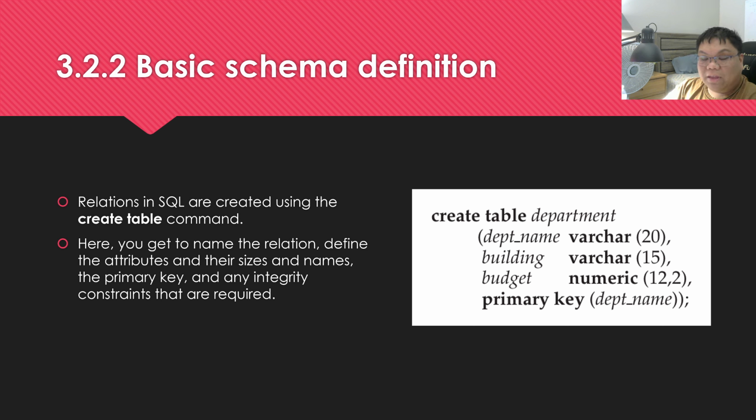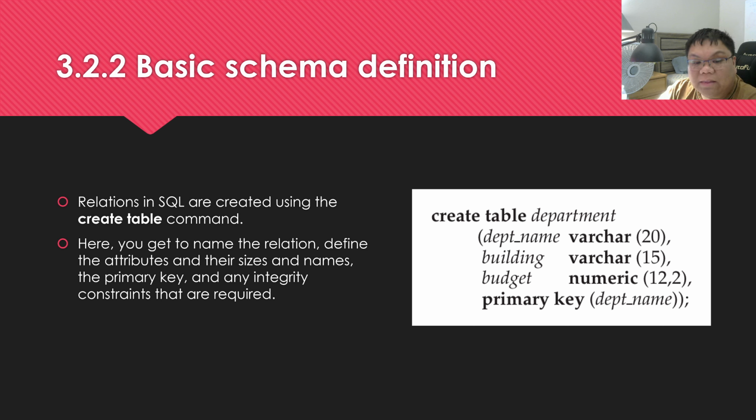It has 3 attributes: department name, building, and budget. Two of those data types are varchar because we need to represent them textually, and budget is a numeric data type that we use to represent how much money is this department allocated.